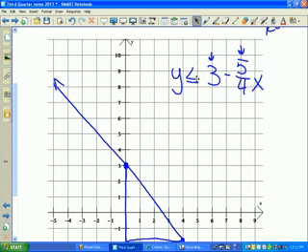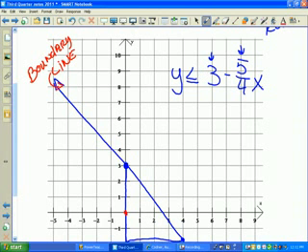So here we go with the testing. You see that the point (0, 0) is on one side of my boundary line, the line that we drew.